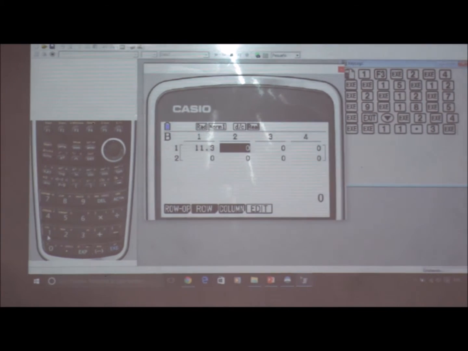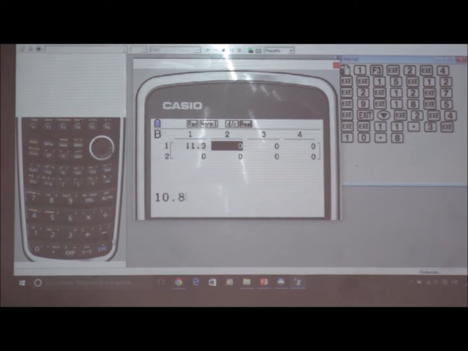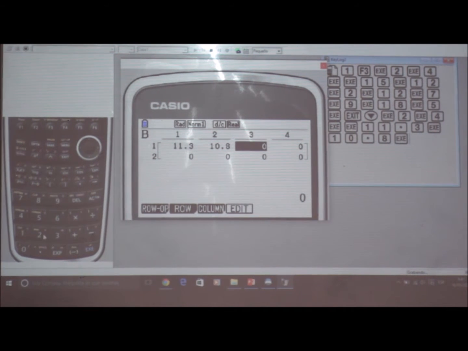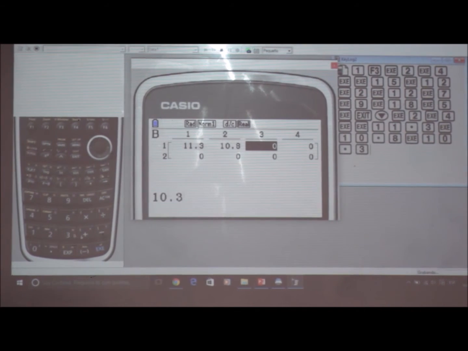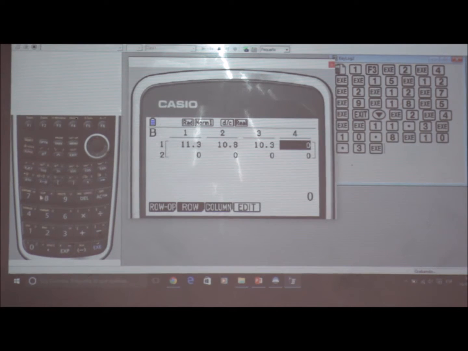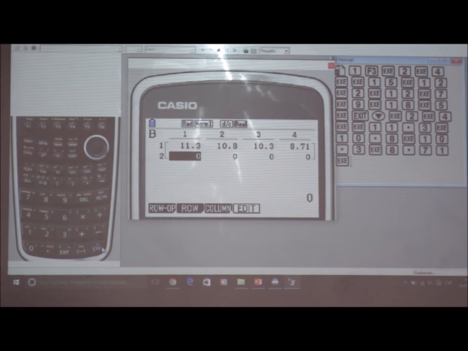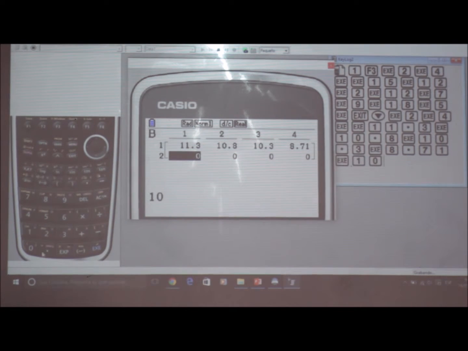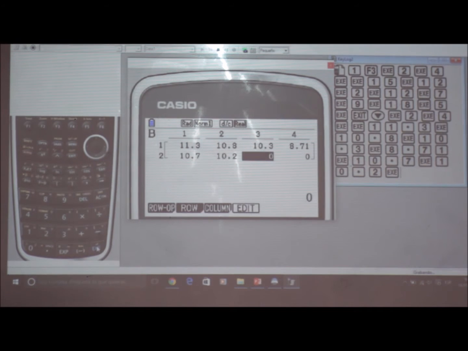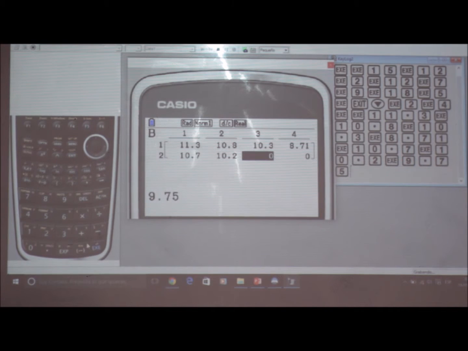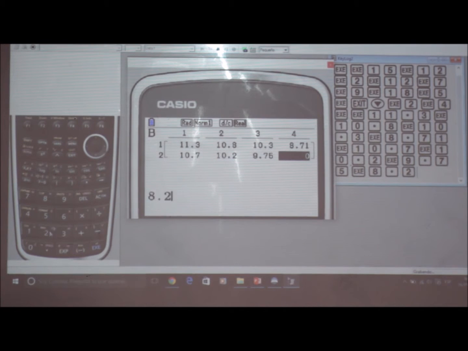So it says 11.3, 10.8, 10.3, 8.71, 10.7, 10.2, 9.75, and finally 8.29.